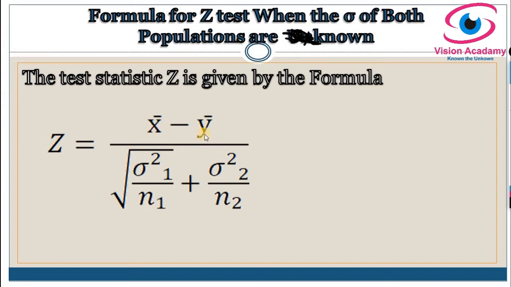So the numerator is x bar minus y bar, and in the denominator, within the square root, variance 1 divided by n1, the sample size of sample 1, plus variance 2 divided by n2, the sample size from population 2. Here 1 indicates population 1 and 2 indicates population 2.